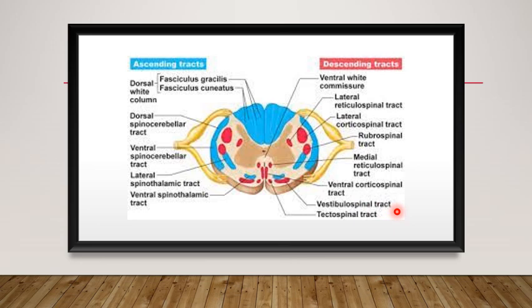Then you have tectospinal tract. You can see here the tectospinal tract, olivospinal tracts. These all are the tracts that would be there. Don't worry about it. In our future lectures, in our further classes, we will be going into detail about what each of them is doing.